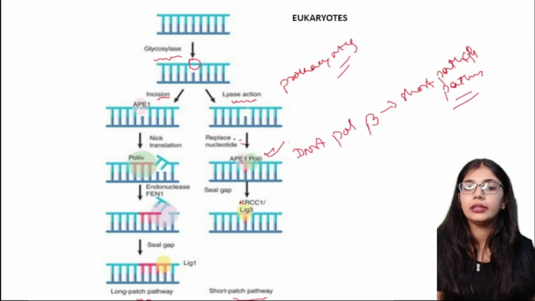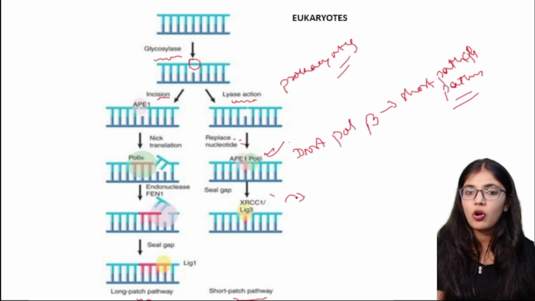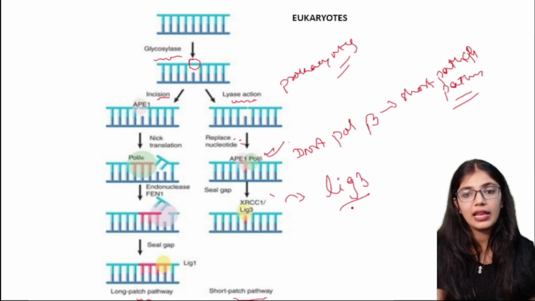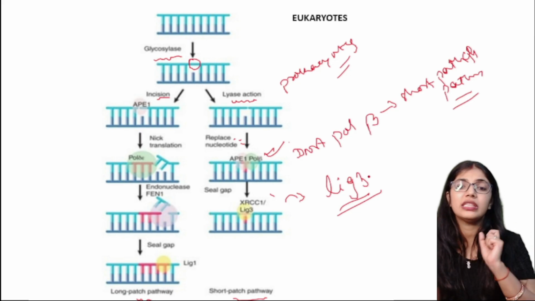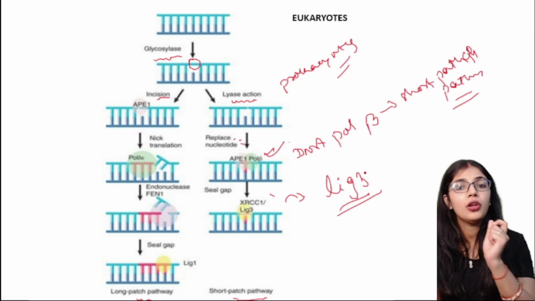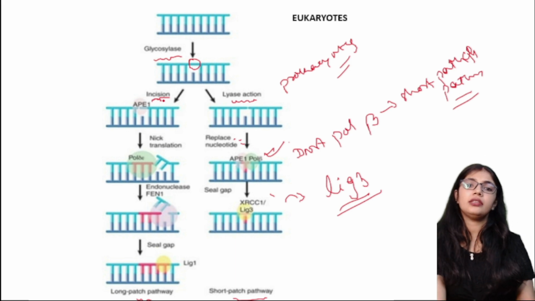Then the sealing of this DNA is done by a ligase enzyme known as Lig3, or ligase 3. In the short patch pathway, this Lig3 enzyme does the work of ligase.